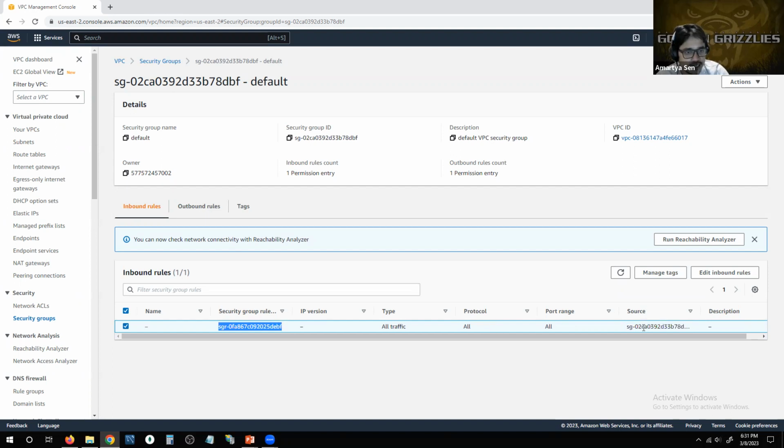What this indicates is that as long as any of the resources belong to the same security group, there will be communication between them. Again, I will repeat this: the default security group rule specifies itself as the source.